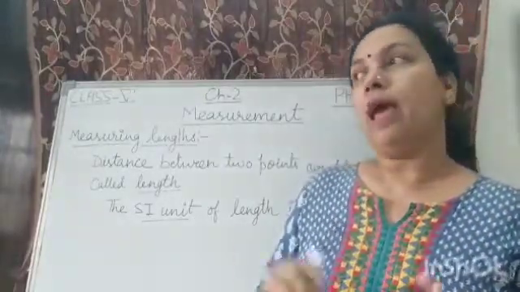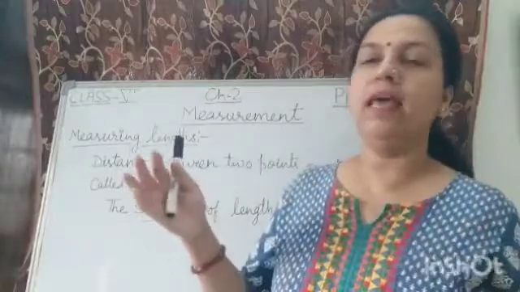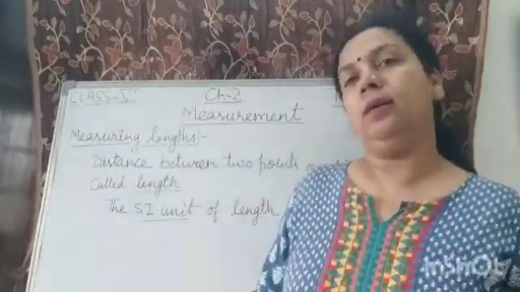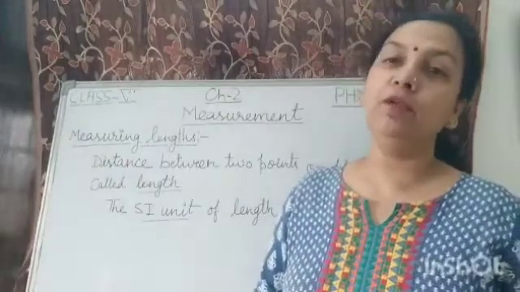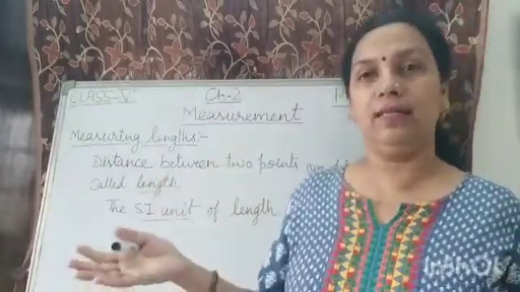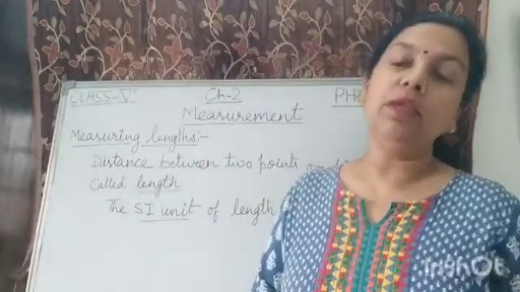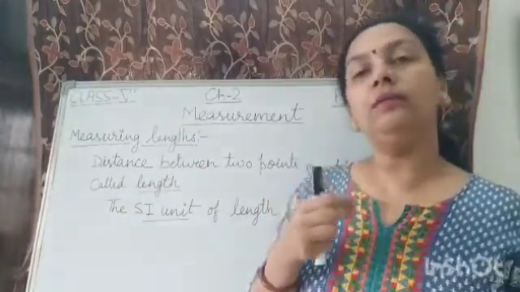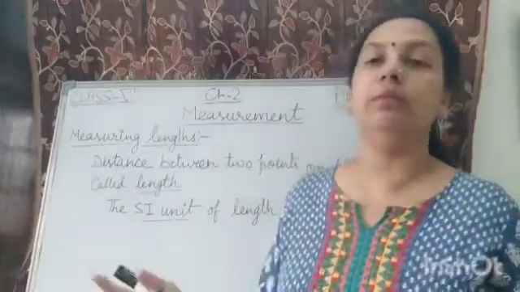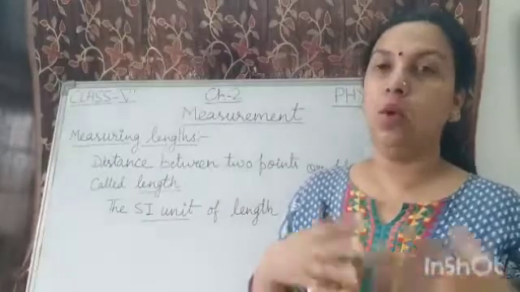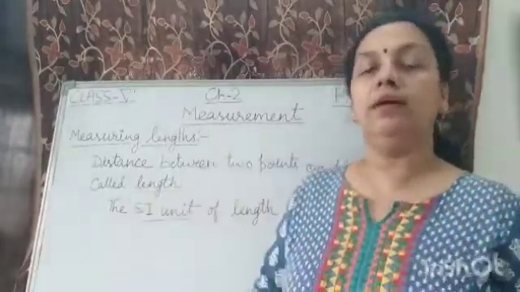Whereas if we have to measure the length between two cities or two countries, meter is not convenient to express such greater lengths, and then we use kilometer, where 1 kilometer is equal to 1000 meters. So kilometer will be quite okay to measure these greater lengths.